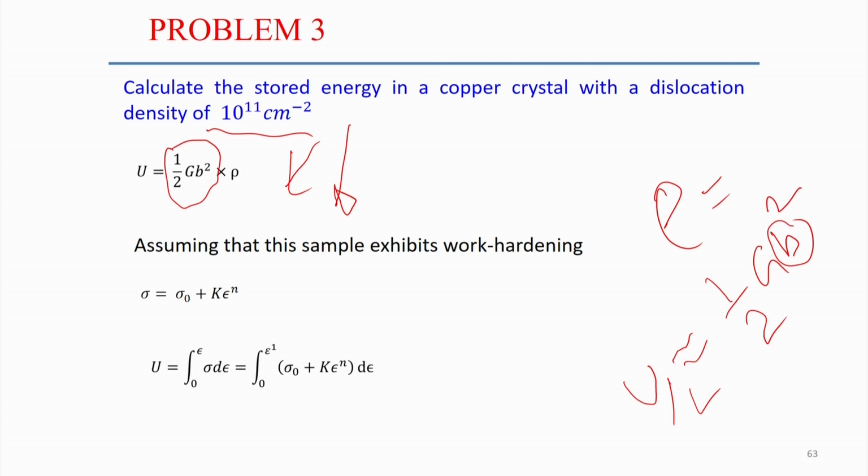Now there is another way to estimate this, but you need to know the stress strain behavior completely. In the second case, we assume the stress strain behavior of the copper crystal follows this, considering the strain hardening or work hardening effect: sigma equal to sigma 0 plus k epsilon to the power n. This is the typical stress strain diagram in the case of a copper crystal.